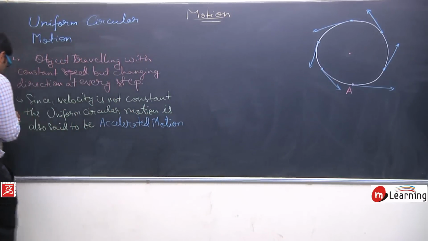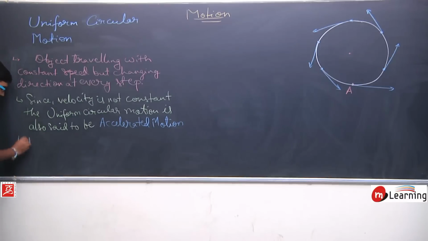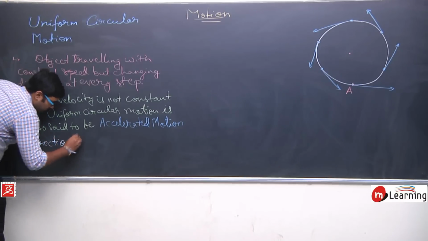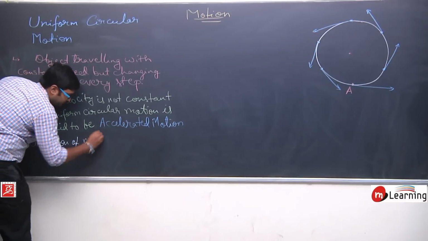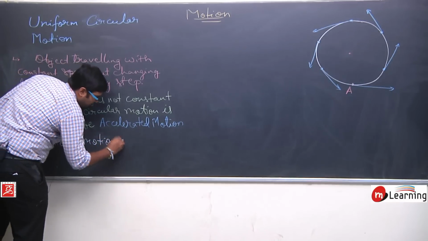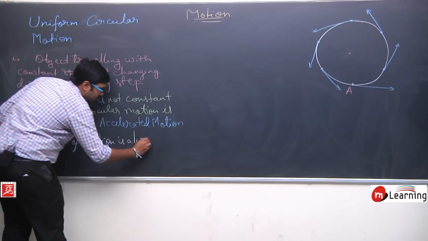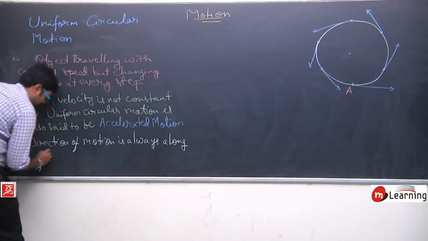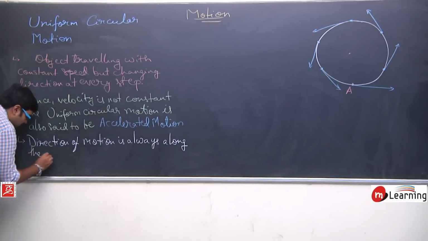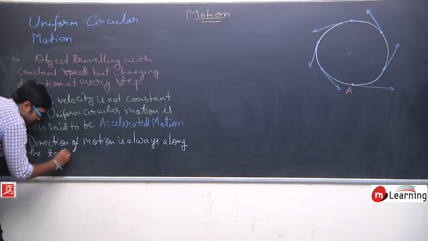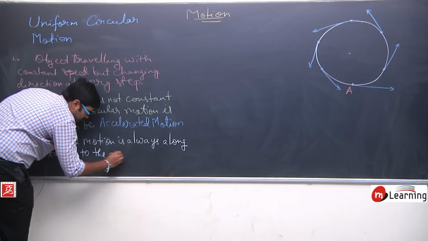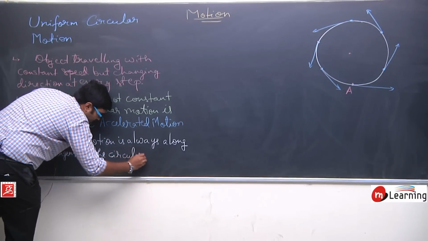Here I will write: direction of motion is always along the tangent to the circular path.